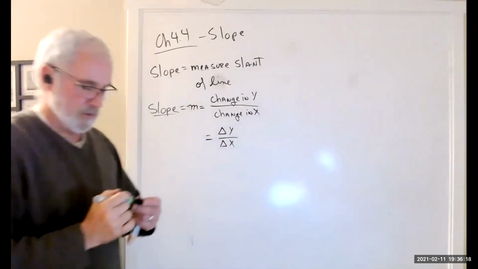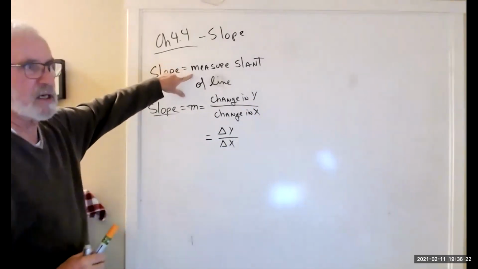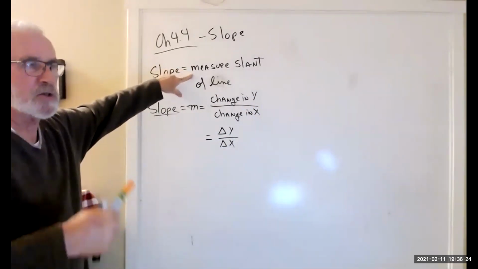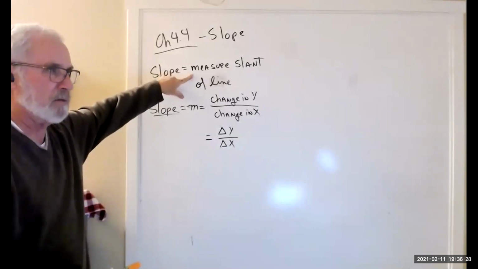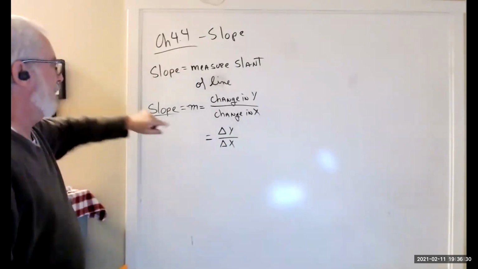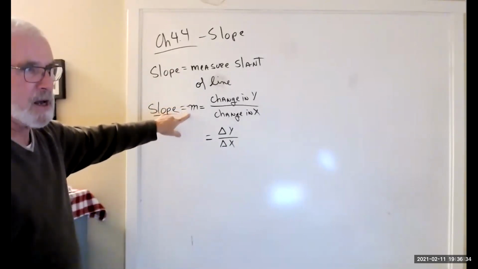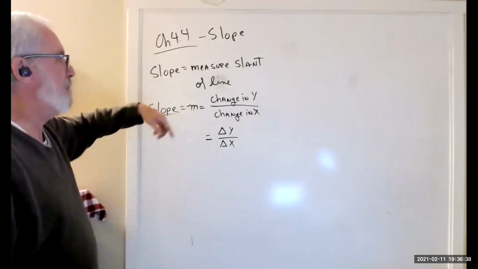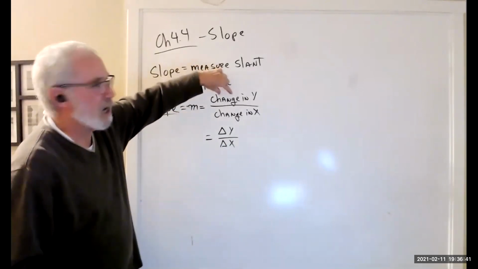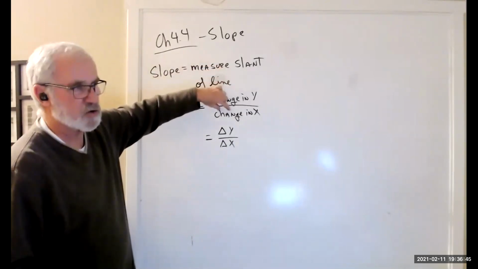Now, we got into science. Slope is how slanted a line is. It's a way that we measure the slant of a line. And when I do a problem here, I'll make that clear. In math, we use the symbol, the lowercase letter m, to represent the slope. But it measures how does the y change compared to how does the x change.